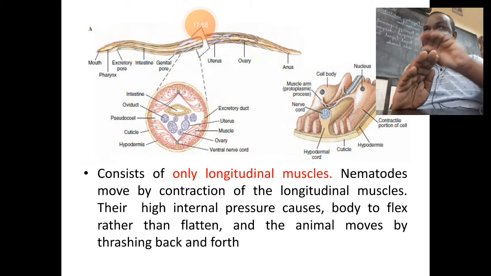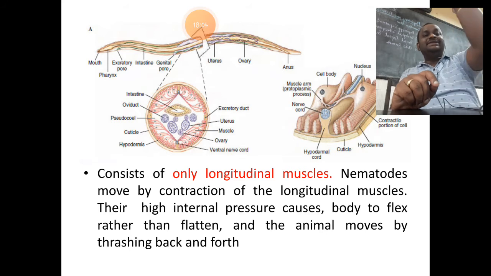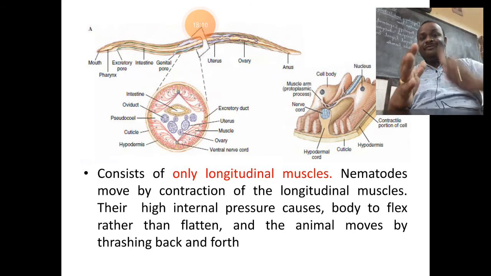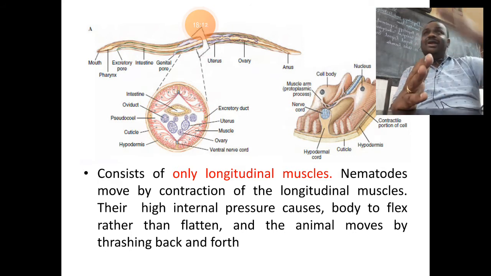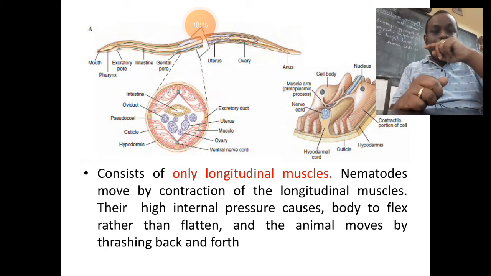The term longitudinal includes the word long, L-O-N-G, which refers to placing the muscle bands or muscle fibers in a vertical position in an elongated manner. The cross section of the body of the organism shows 4 bands.